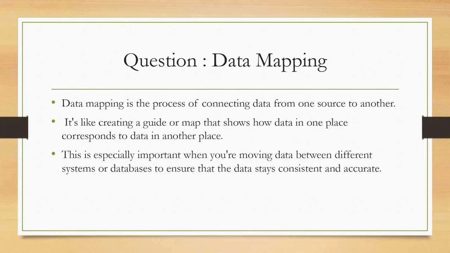When the data is moving from one system to another system, it will showcase accurate and consistent time, whatever time you are having. This comes under data mapping, connecting data from one source to another source. Okay, so this is how data mapping is.